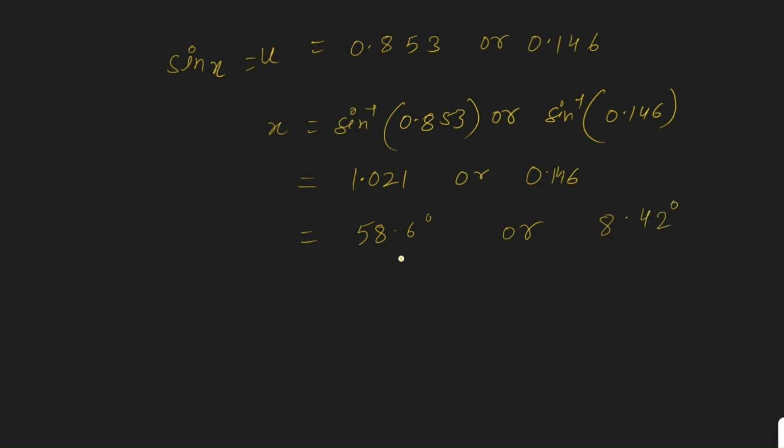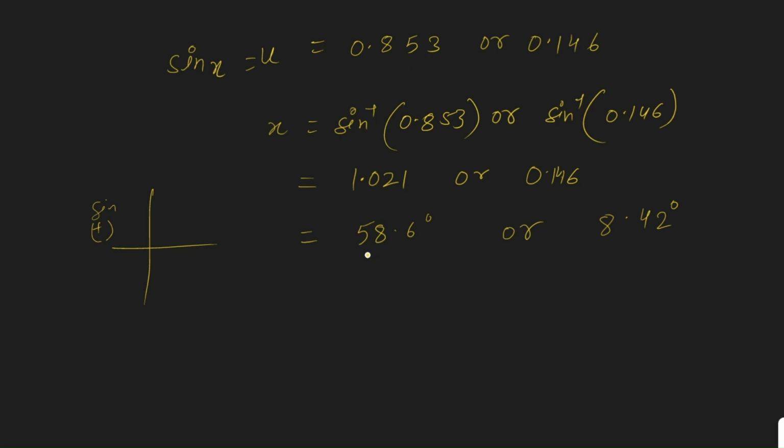We know that there are some other values also for which these values will occur. These are the corresponding values in degrees, and we know that sine is positive in the first and also in the second quadrant. So these values are in the first quadrant.